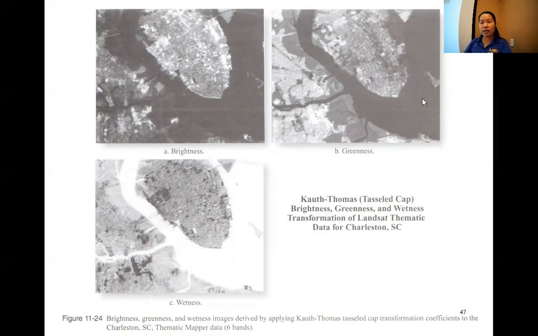So you will notice that water presents pretty low values, but some of the area in the urban area present quite low, quite dark values as well. But in this part of the city, in the vegetated area, they show a much brighter distribution. And this wetness index, on the other hand, is called wetness.